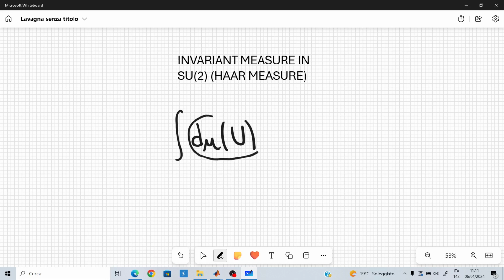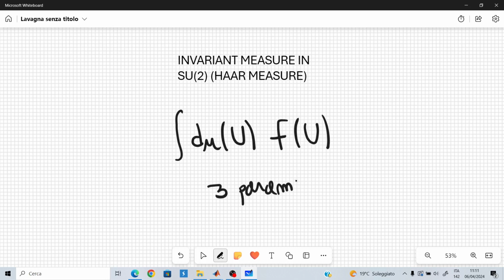So I will define a measure like this, and then we have a certain function f that depends on the group. Now we will think that the group is SU2, so the group in our case will depend on 2 squared minus 1, so 3 parameters. And the parameters that we will use are the Euler angles in this video.